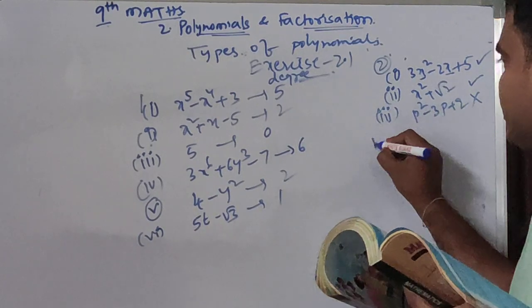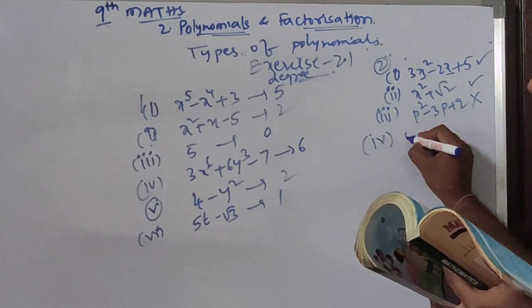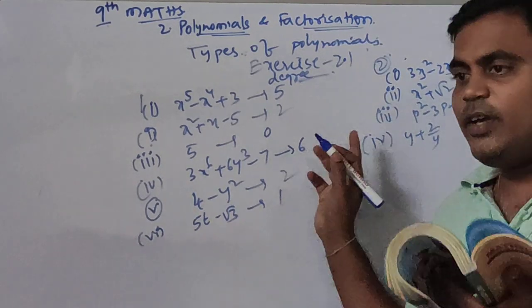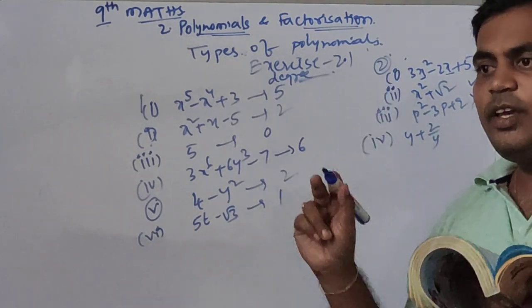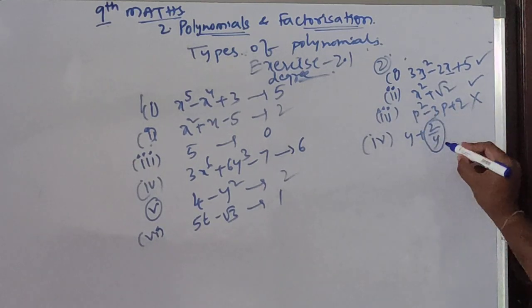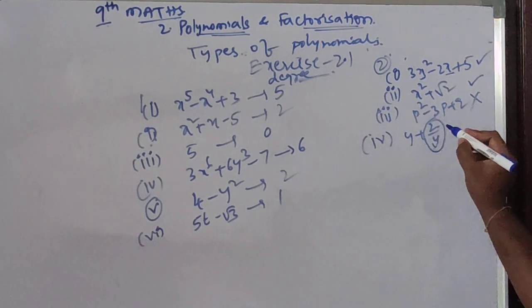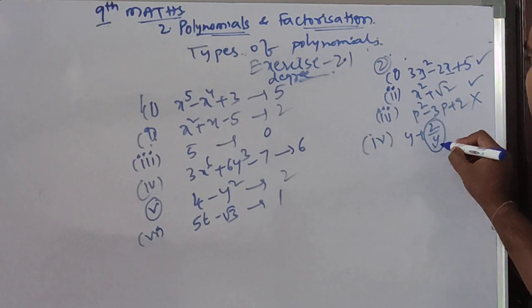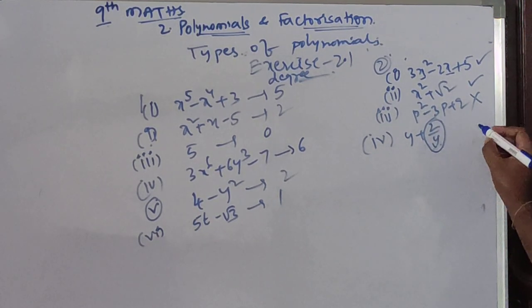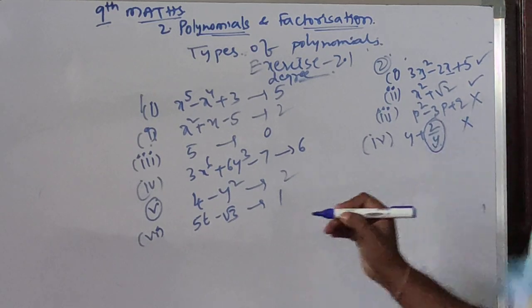Fourth, y plus 2 by y. It contains only one variable, but it is not a polynomial because y is in the denominator. If it brings to numerator, y power minus 1, so power is negative, so it won't be a polynomial.